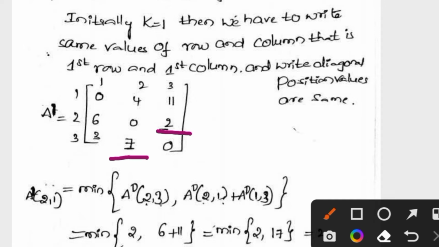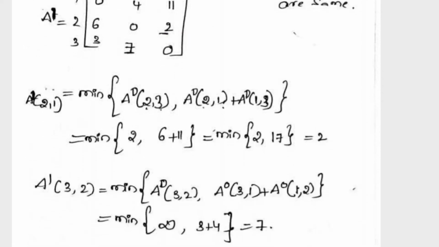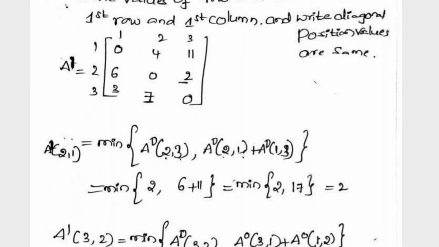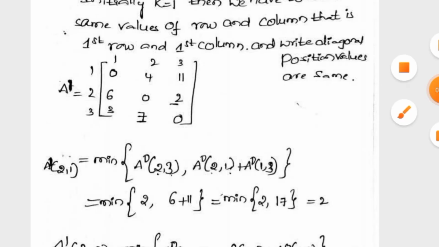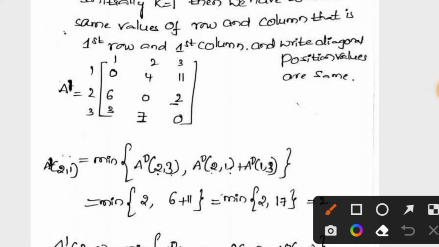How do we calculate this value? We use the formula. Here we take the position 2 comma 3. So 2 comma 3 equals min of A power 0 of i comma j, where i is 2 and j is 3, comma A power 0 of i comma k. Now k equals 1, so i is 2 and k is 1, plus A power k minus 1, which means 1 minus 1, that is 0.